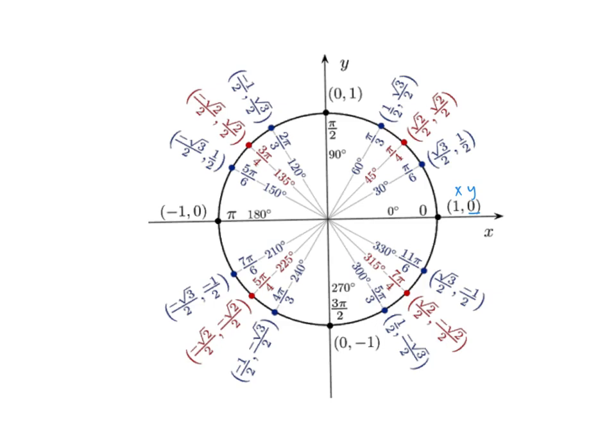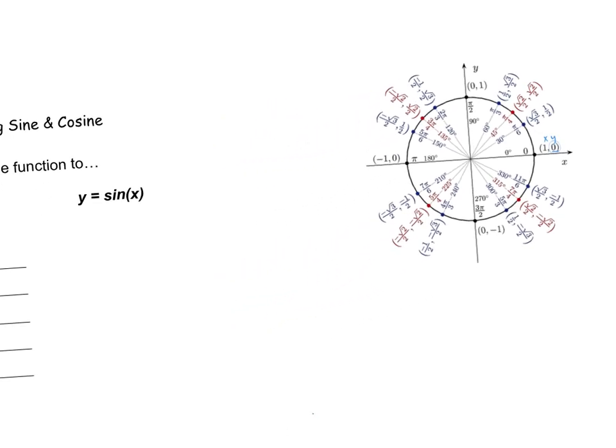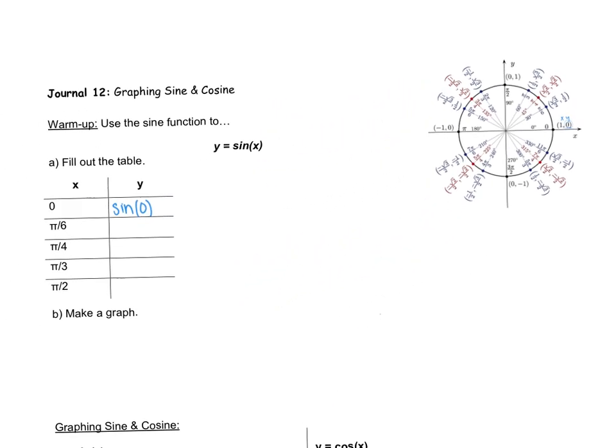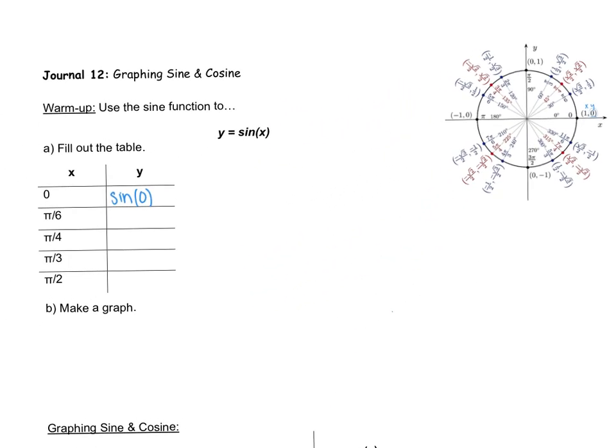I'm just going to highlight that portion. I just care about the y values because my function has sine. And for sine, we've learned before, it's related to the y value on a unit circle. So when x is 0, the y value is also 0 on the unit circle.